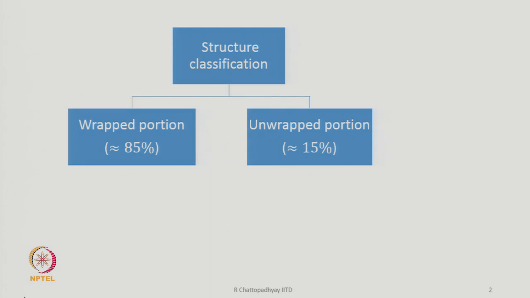On average, almost 85% of the yarn is wrapped by some fibers, and the unwrapped portion is typically around 15%. How a fiber is wrapping, we have discussed earlier.